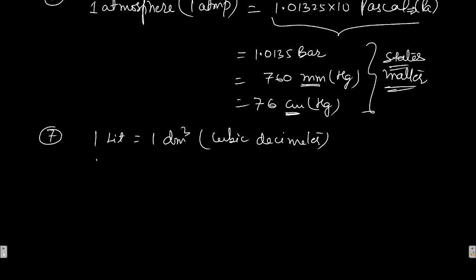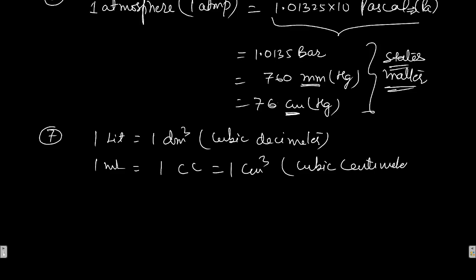And 1 milliliter is 1 cubic centimeter. So you have to keep this in your mind. And 1000 liter is 1 cubic meter. All these things you have to keep in your mind.